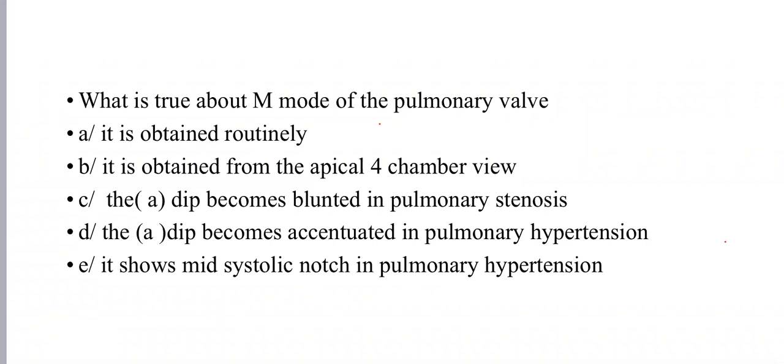The A dip becomes accentuated in pulmonary hypertension. It shows a mid-systolic notch in pulmonary hypertension. E. Yes, good. I think you are right, and we have to explain that.